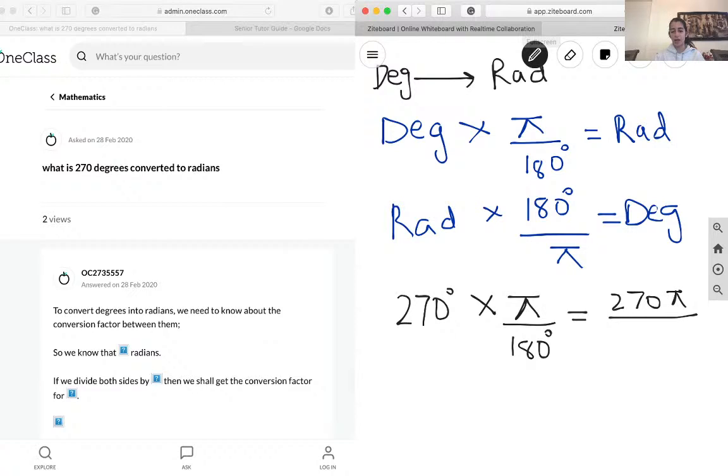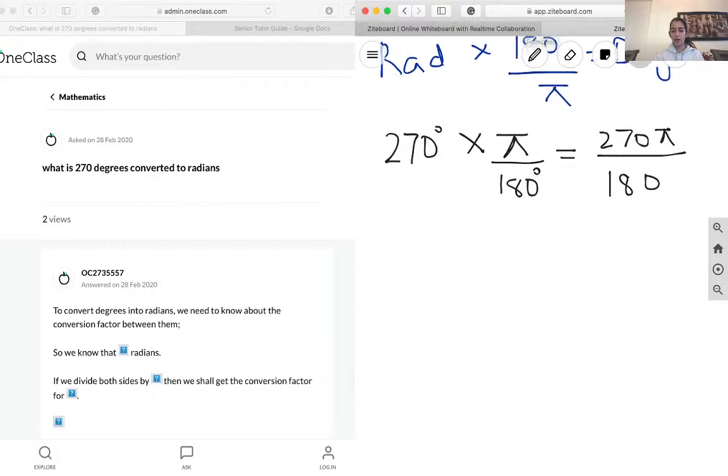And the degrees sign on both ends cancel out. So again, we're just left with 270 pi over 180.